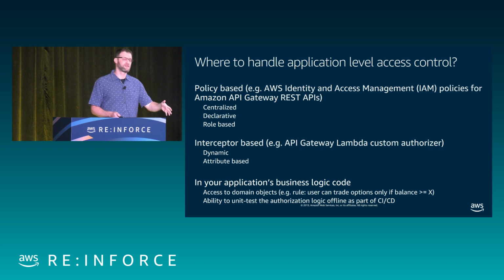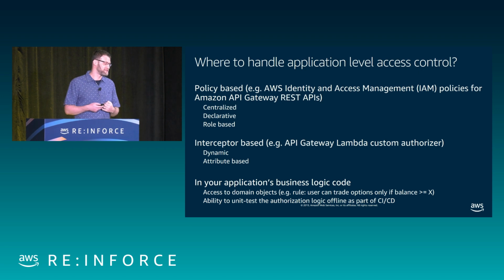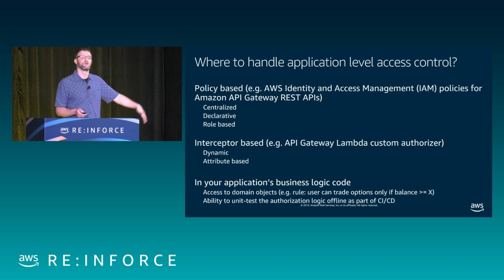And I want to talk about the third one, which is a layered security approach where the authorization logic is going to be in your application code. The two benefits, in my opinion, are that you can have access to domain objects that are not always accessible to an external authorization layer.